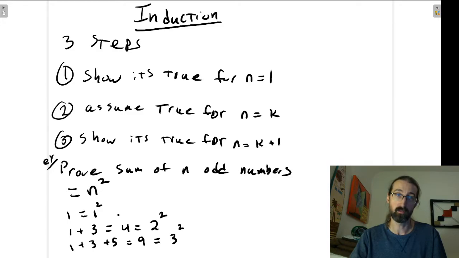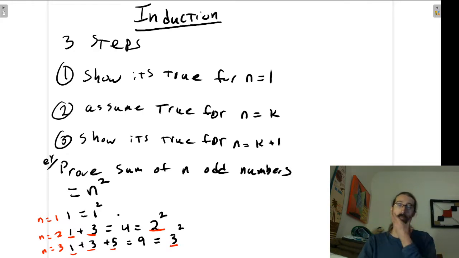So what I'm showing you here is n equals 1. Here's n equals 2. I have 2 odd numbers, and it equaled 2 squared. And here is n equals 3 odd numbers, and it was 3 squared. So it seems like this is true.